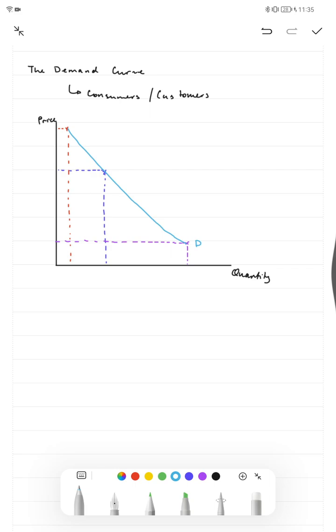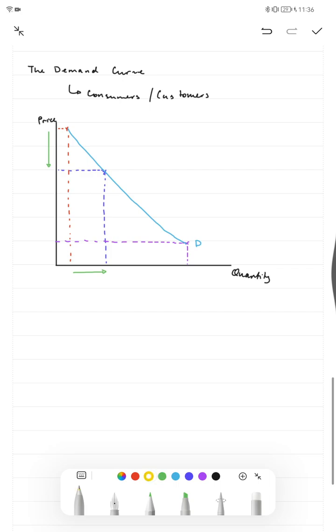So you can get movements along the demand curve. For example, when the price goes down, the quantity increases, or if the price goes up, the quantity will decrease, which can be shown by a simple arrow. If the price goes down, the quantity will increase.